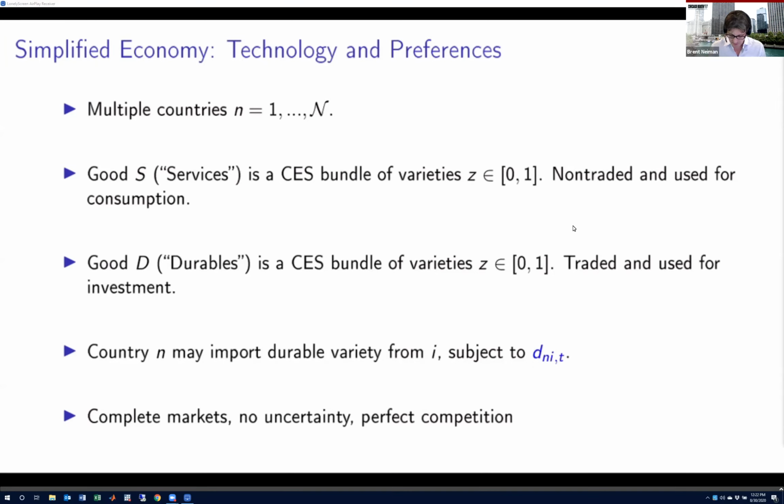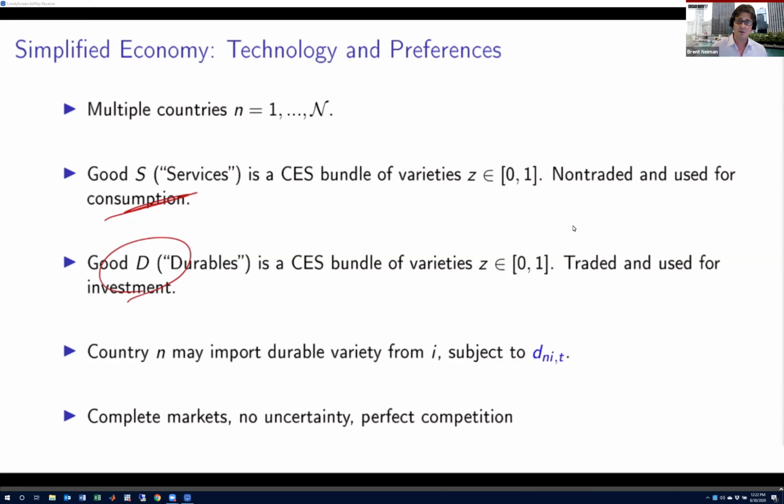We have a model with potentially many countries and two sectors, a services sector here and a goods sector denoted by D there. The services sector I'm going to assume is non-traded and leads to consumption. The durable is traded and is an investment good, okay?